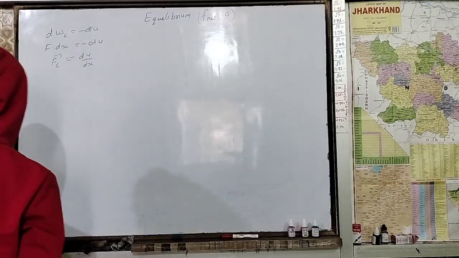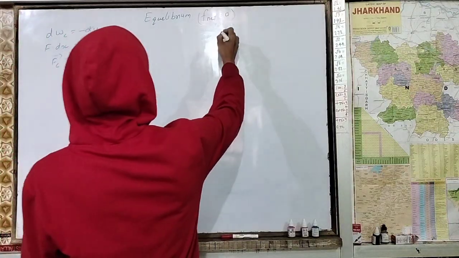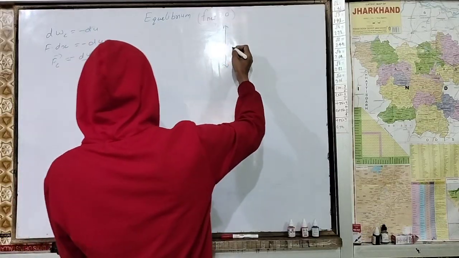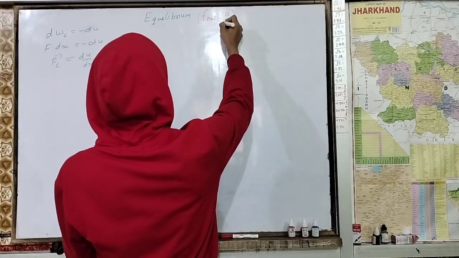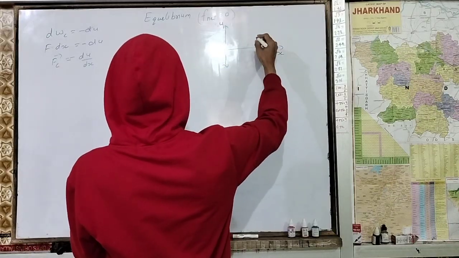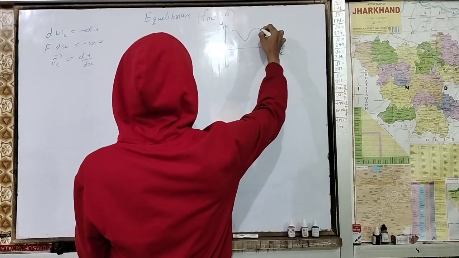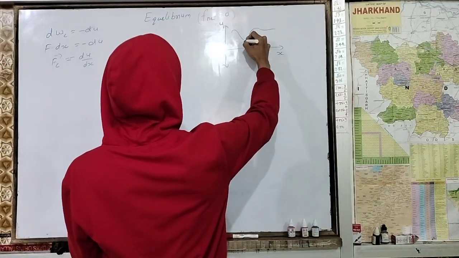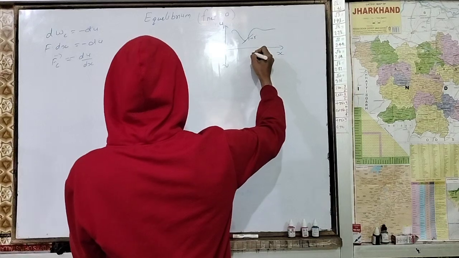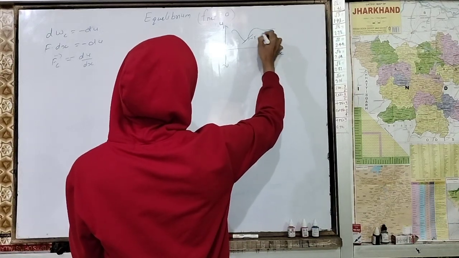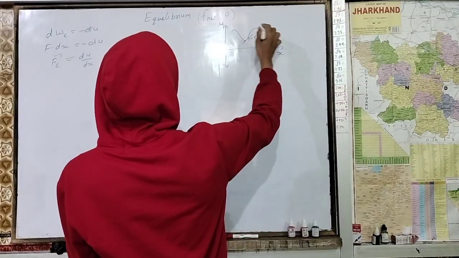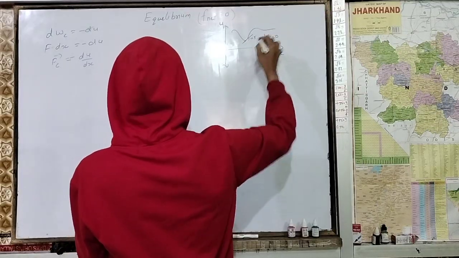Try to visualize over here the relation of U versus x. This is a curve. At this point the slope is tan alpha equals dy upon dx. So y is U, and dU upon dx will be equal to 0.